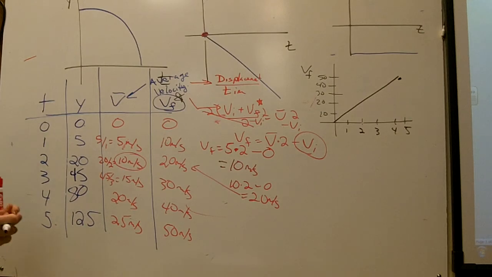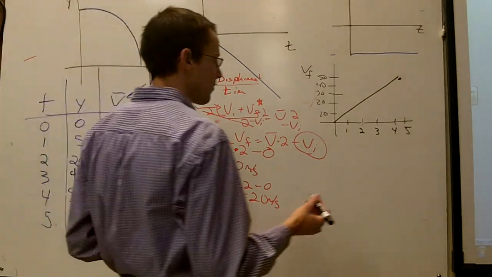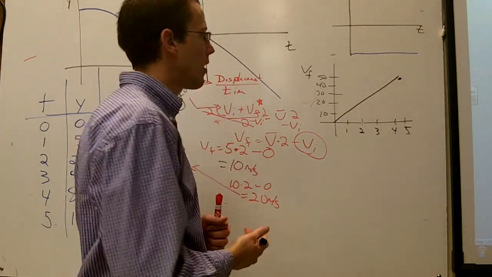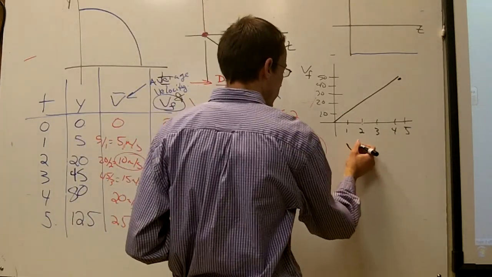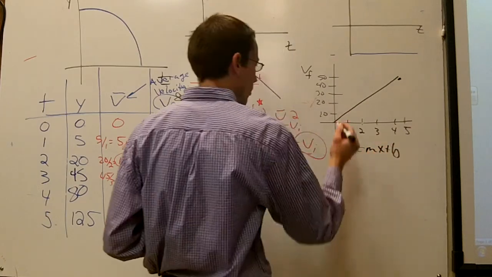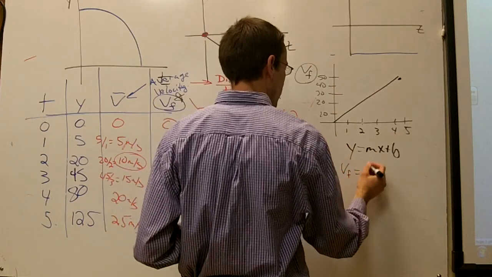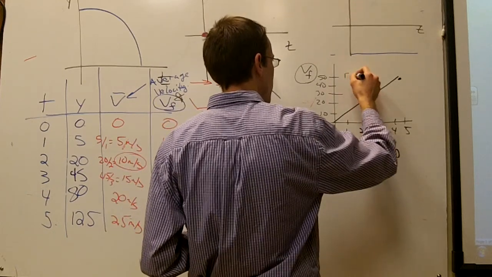Okay. The next part says write out the equation for the graph above. Again, a lot of people hear the word equation, they freak out. Don't freak out. We know how to do this. Y equals mx plus b. So our y is velocity final. Our slope is rise over run.